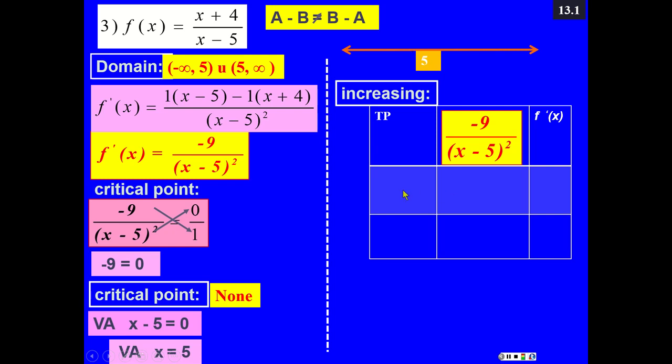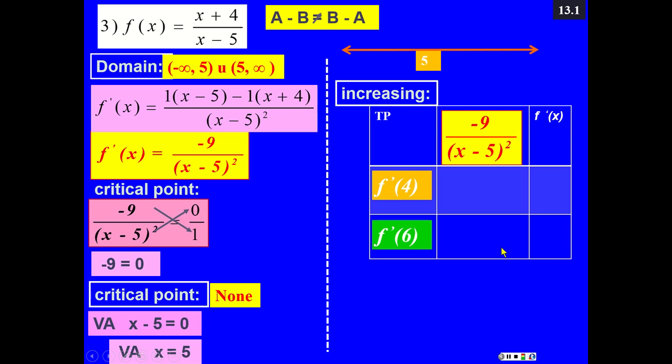But don't forget, don't just say f of 4, because the table to find the increasing, decreasing has to be f prime of 4. Pick a number on the right side of the 5, which becomes f prime of 6.